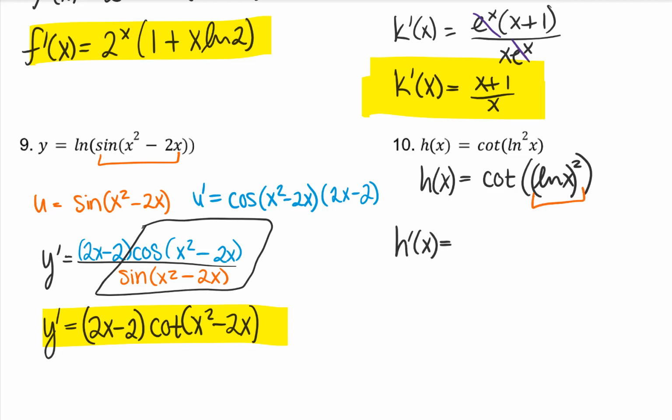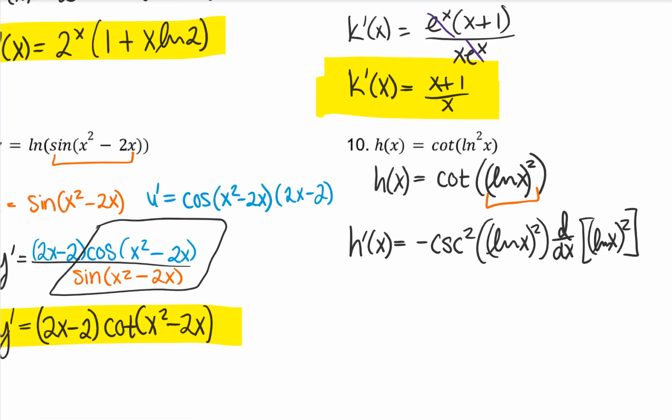The derivative of cotangent of u is negative cosecant squared of u times u prime, or the derivative of this ln x squared. All this stuff in the front is already derived.